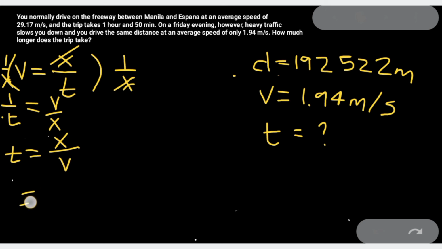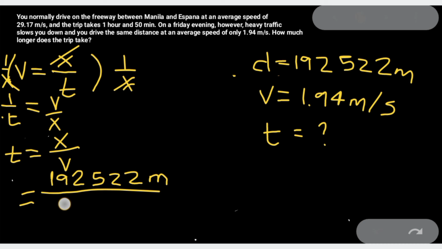Now, let's substitute. We have the distance, x, which is 192,522 meter, and the average speed, which is 1.94 meter per second.